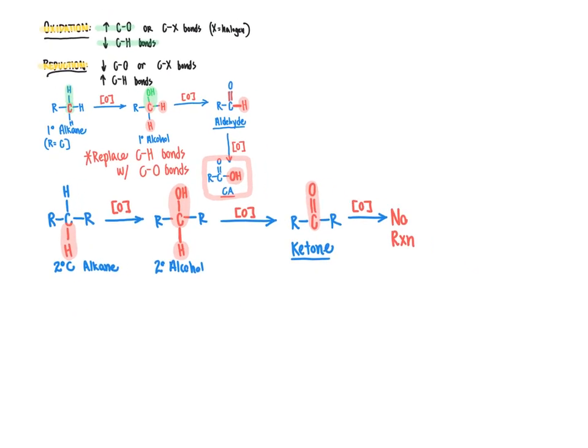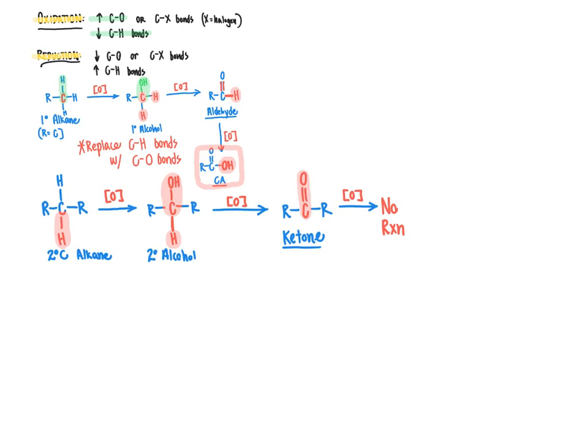We can take a look then, thinking about different types of alcohols. We talked about primary, secondary, and tertiary alcohols before. So we could also think about oxidizing a molecule that is a tertiary alcohol. We'll start with a tertiary carbon of our alkane. Remember, these R groups represent carbons or carbon chains here.